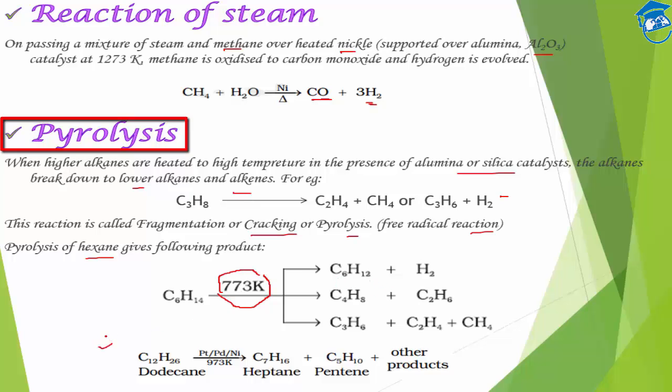Simply, if we do the fragmentation or pyrolysis of kerosene, the chief component in kerosene is dodecane, C12. Using any of the catalysts at high temperature, we can fragment this into lower hydrocarbons, either alkane or alkene.